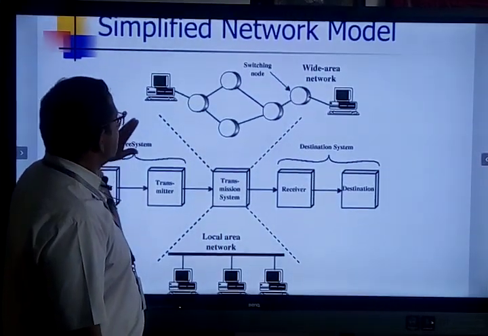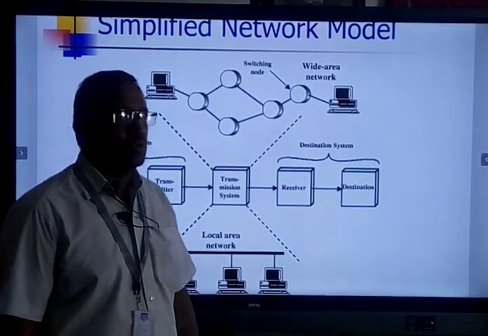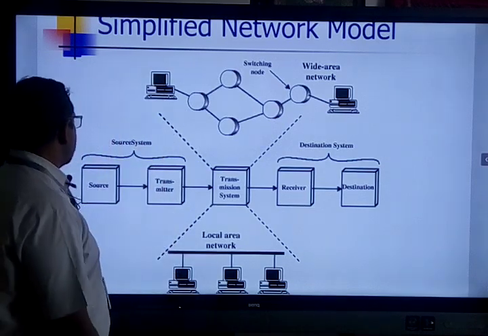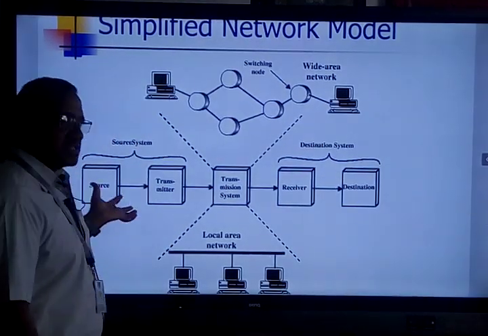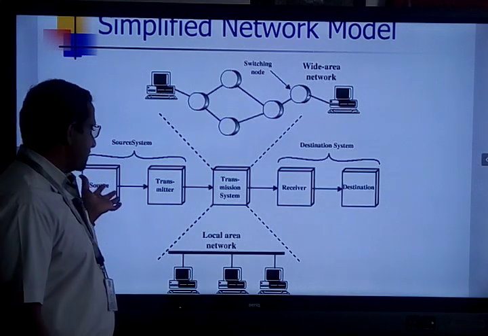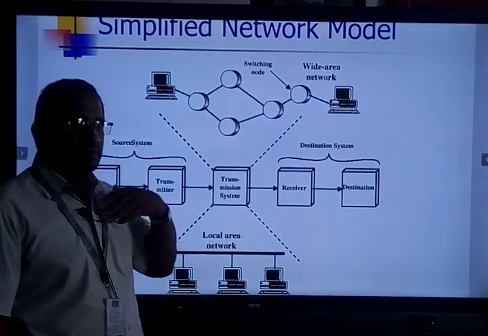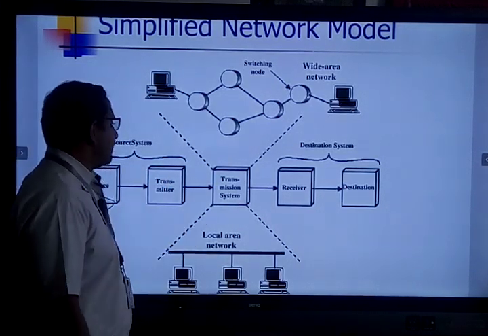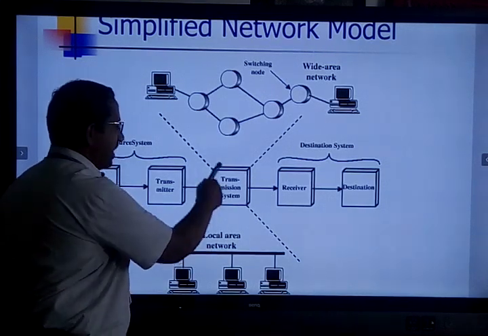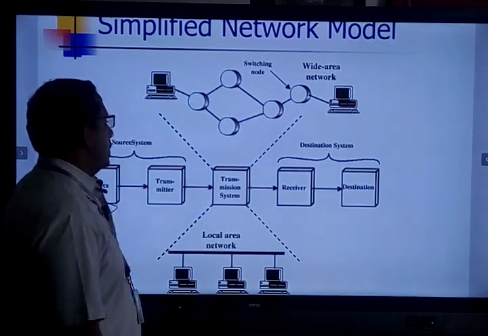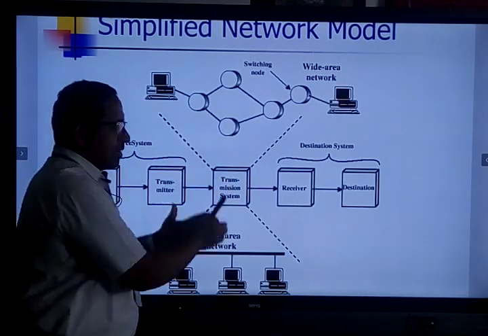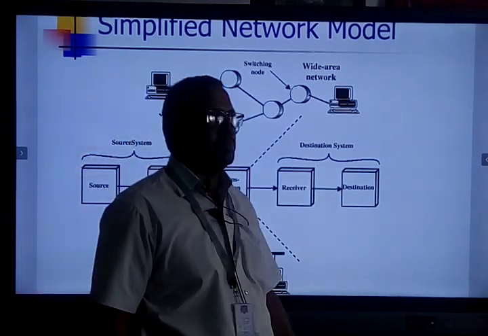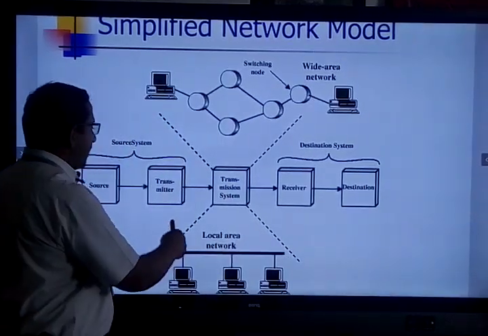What is the simple model of a network we are going to look into now? First of all, every system has some information to transmit, and you have a transmitter which transmits the signals, and next a transmission medium or transmission system, which may comprise wired or wireless communication.